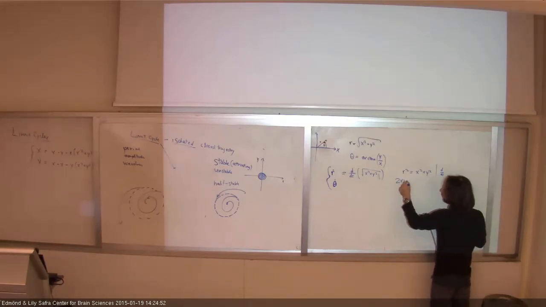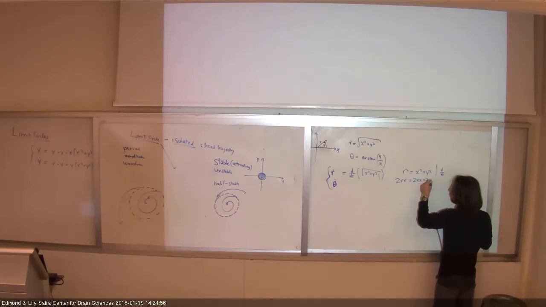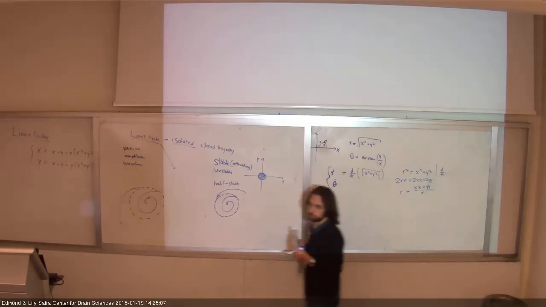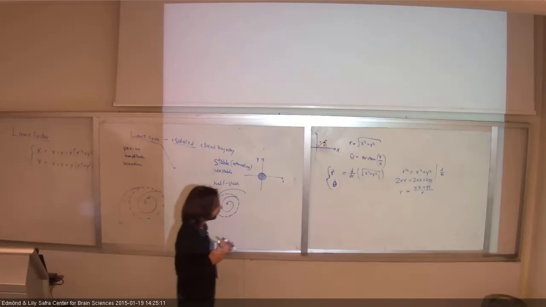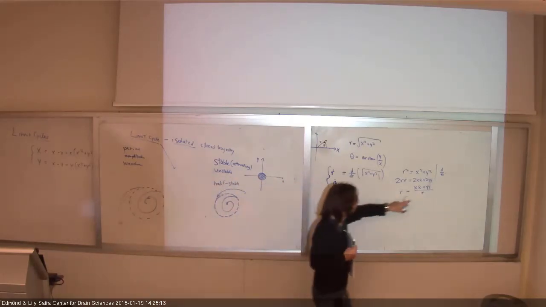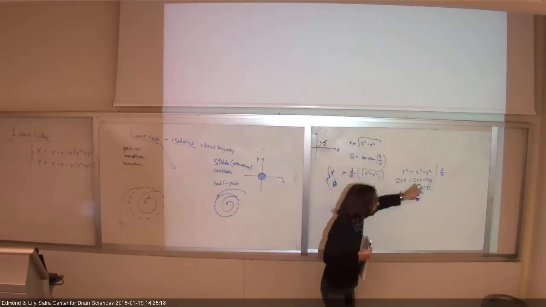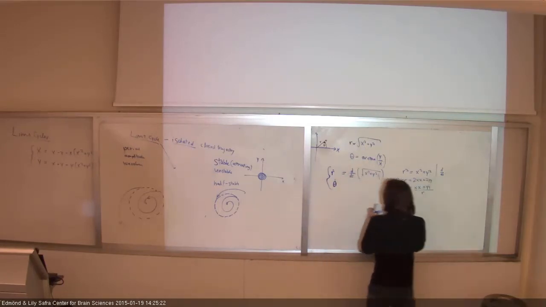I get 2r r dot equals 2x x dot plus 2y y dot, and then I can write r dot is just (x x dot plus y y dot) divided by r. And I can replace this with that, of course, if I want everything to be in x and y, but it doesn't matter for me.